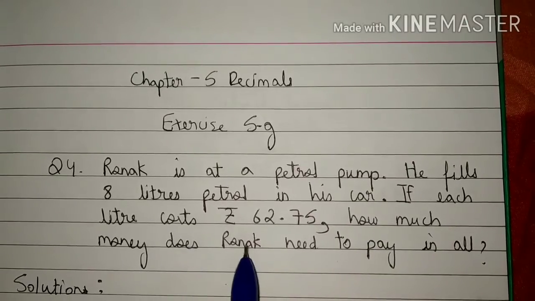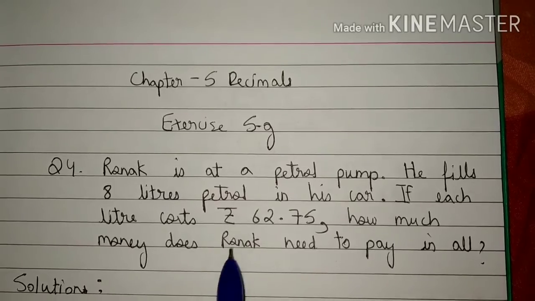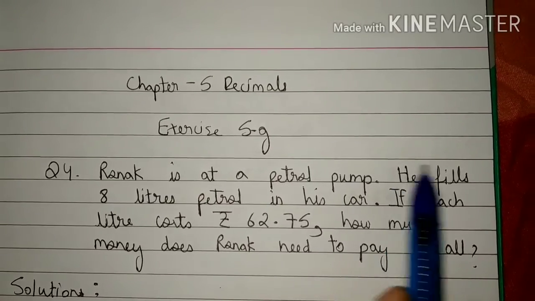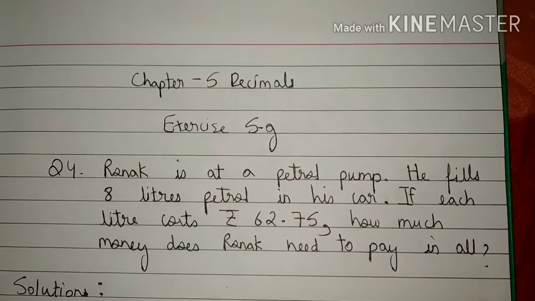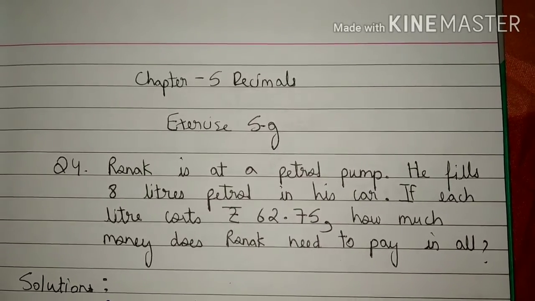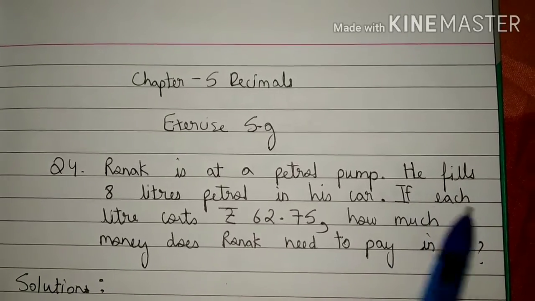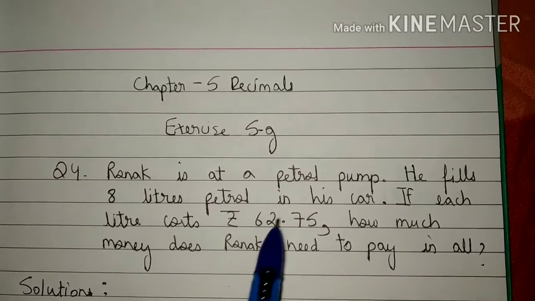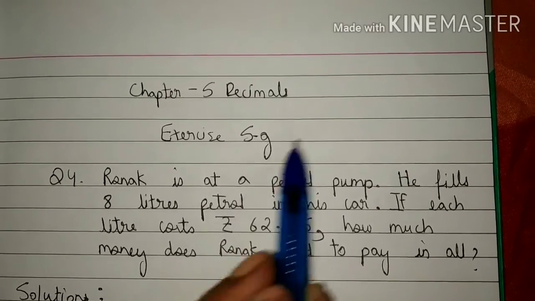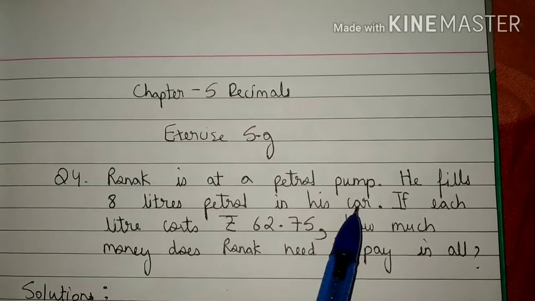Students, in this question, we have to find out how much money Ronak needs to pay if he fills 8 liters of petrol in his car. So in this question we will do multiplication, because the cost of 1 liter of petrol is rupees 62.75 and Ronak fills 8 liters of petrol in his car.